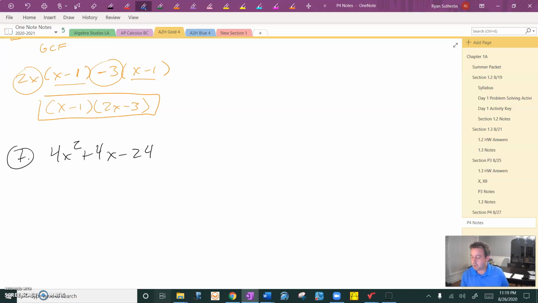All right, so you made an effort on this one, and if you tried split the middle, it probably got really ugly. So the key with this one, and why I had this as a problem, is you always want to look for a GCF first. Because if you can factor out a GCF first, it makes everything else easier. And if I look here, I have 4, 4, and negative 24 for my values there.